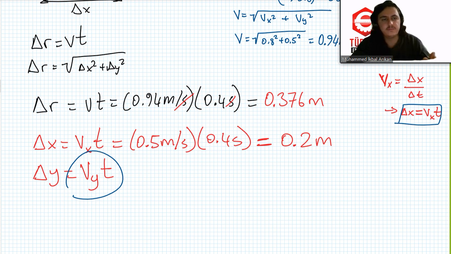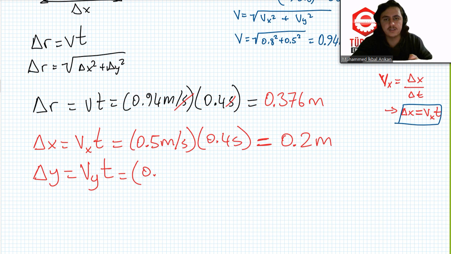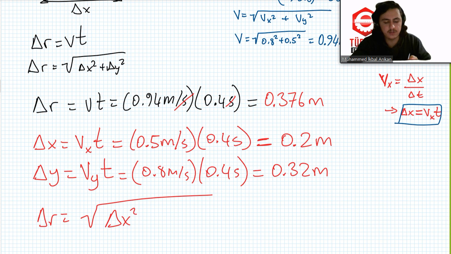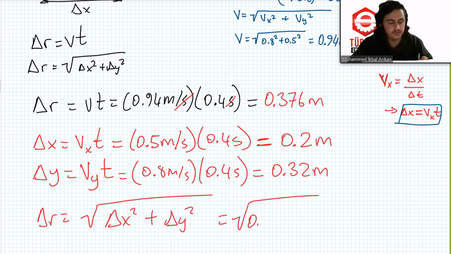Let's continue here. I will put my velocity on the y-axis, which is 0.8 meters per second, and the time. So I will get 0.32 meters. Now delta r will be equal to the square root of delta x squared plus delta y squared, so the square root of 0.2 squared plus 0.32 squared.